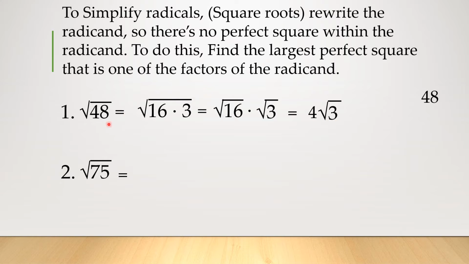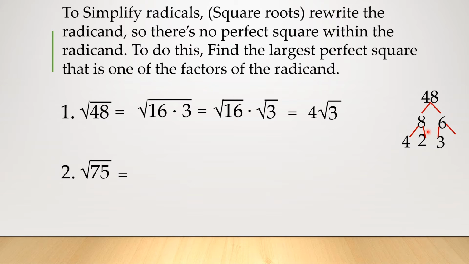Now, if you have a hard time finding the perfect square, you can do the prime factorization. Let's say 48. I know that 48 is 6 times 8, or 8 times 6. And then I can rewrite 8 again until I get all the prime numbers at the end, or prime factors. 4 times 2.